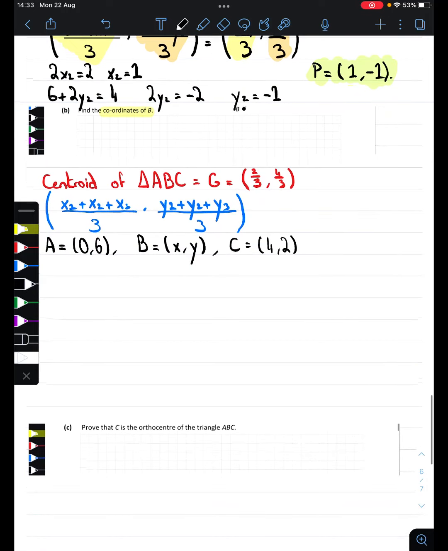If we put this into our formula and solve for x and y, the average of the x coordinates, (0 plus x plus 4) over 3, and the average of the y coordinates, (6 plus y plus 2) over 3, is equal to our centroid, which we know is (2/3, 4/3).